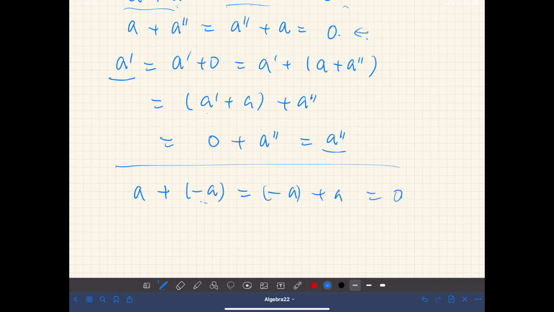So this means a is the inverse of negative a. That means a is equal to the inverse of the inverse of a. So if we have one element a, then its inverse of inverse is the same as a.